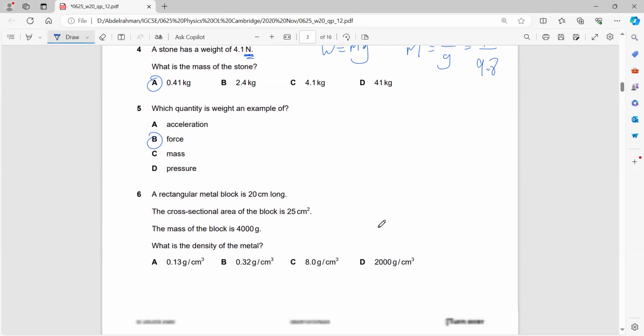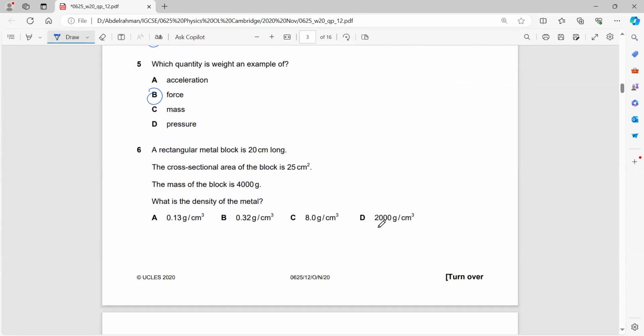A rectangular metal block is 20 centimeters long. The cross-sectional area of the block is 25 centimeters squared. The mass of the block is 4,000 grams. What is the density of the metal? Density equals mass over volume. Mass is 4,000 grams divided by the volume. How can I find the volume?